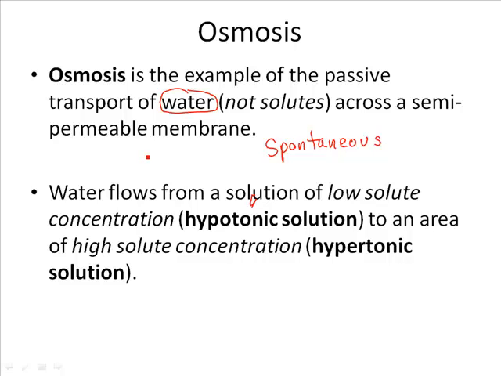Now, this is an interesting problem because when we talk about the movement of solutes, we often say solutes move from high concentration to low concentration. And concentration is really measured in molarity.